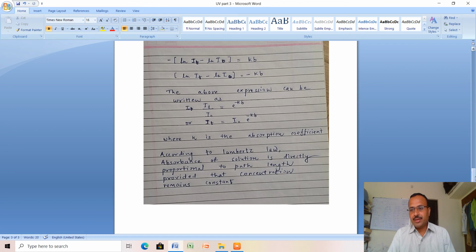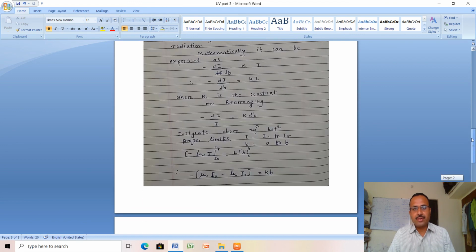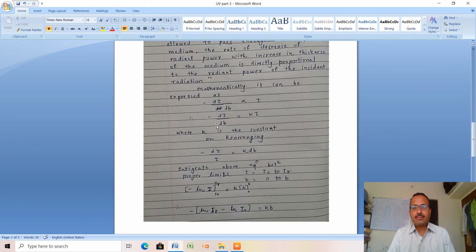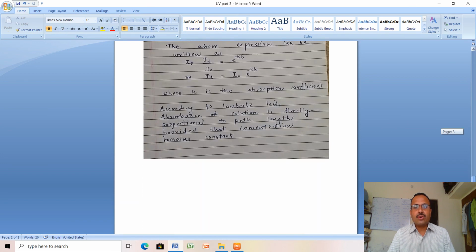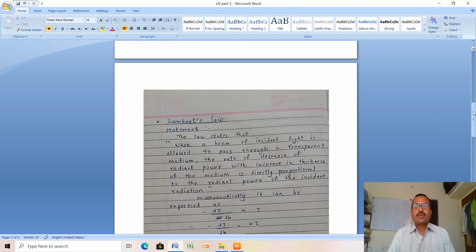Here db is nothing but the thickness of the medium or path length, and I is the intensity of transmitted radiation. So this is all about Lambert's law.